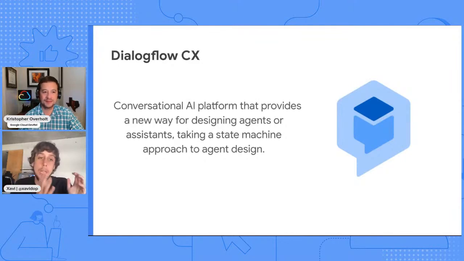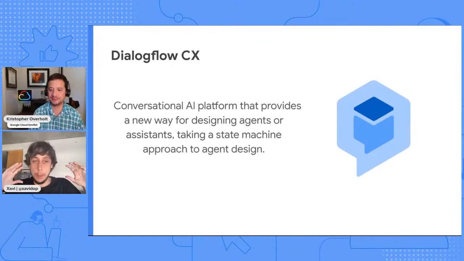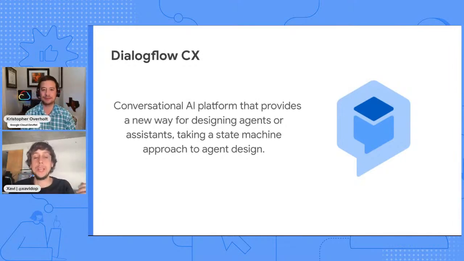So Dialogflow CX is a platform where you can create conversations by creating flows and blocks, and transitioning from one block to another. One block, or state, in Dialogflow CX is called a page. You can transition from one page to another, and you can also transition to another flow.